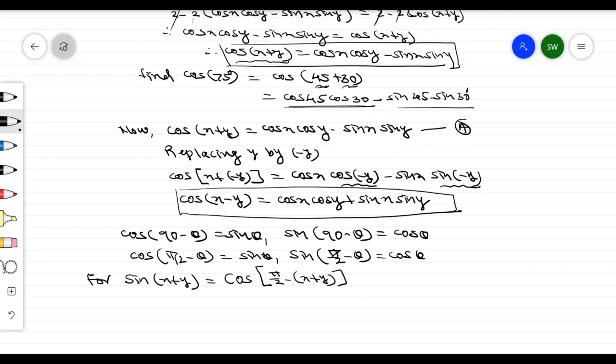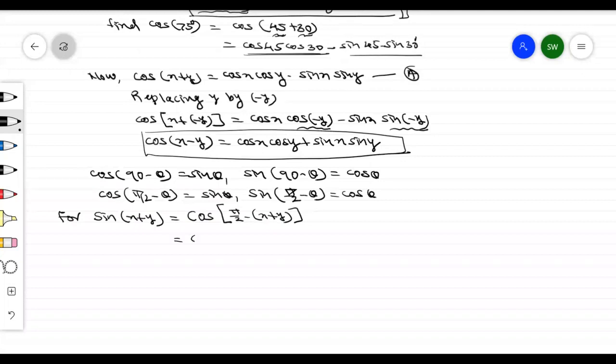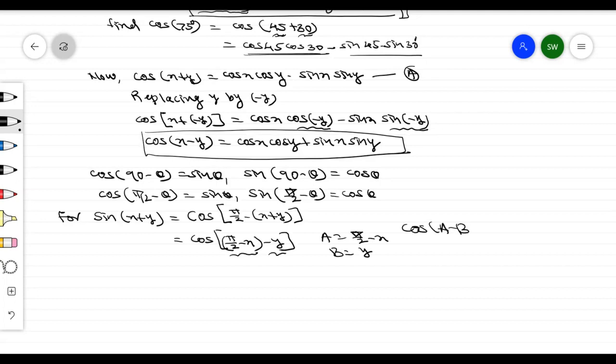So this will be equal to cos of, group this pi by 2 minus x, let this be your first a, and take this minus y as separate. So this is cos of a minus b, where instead of a I am using pi by 2 minus x, and instead of b, y.